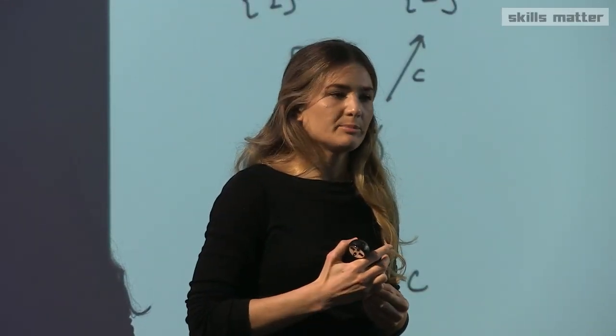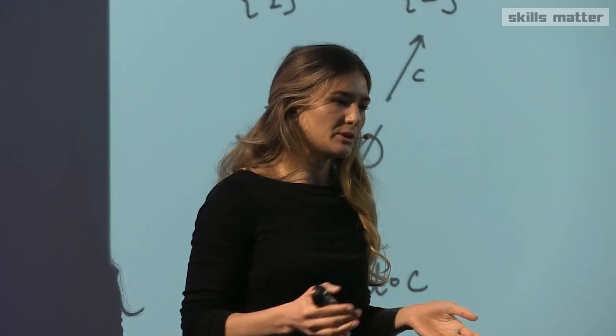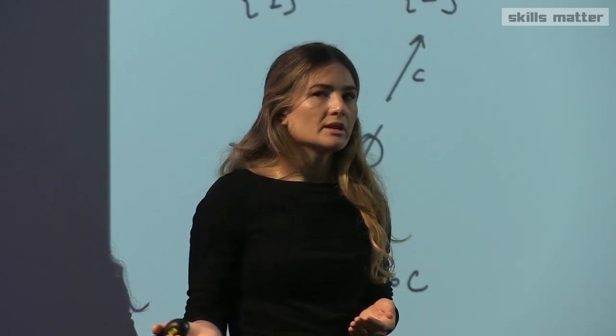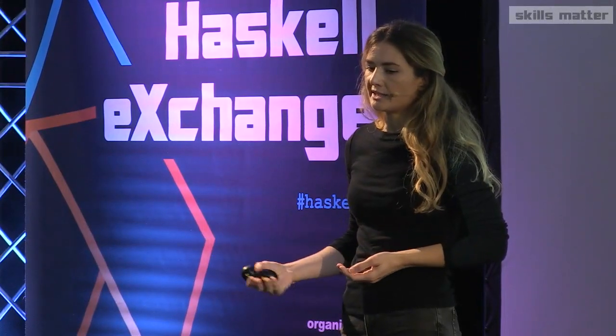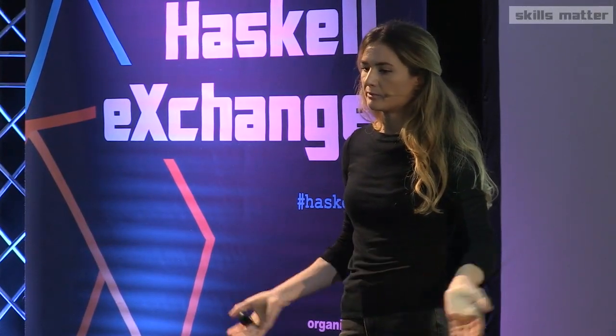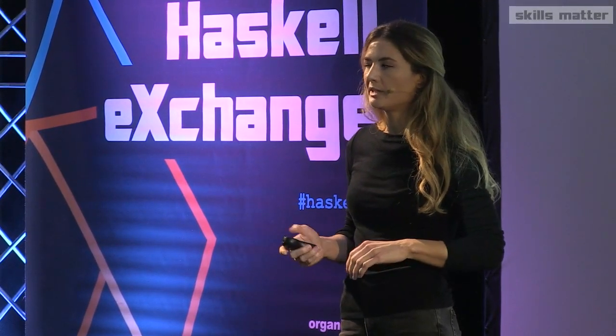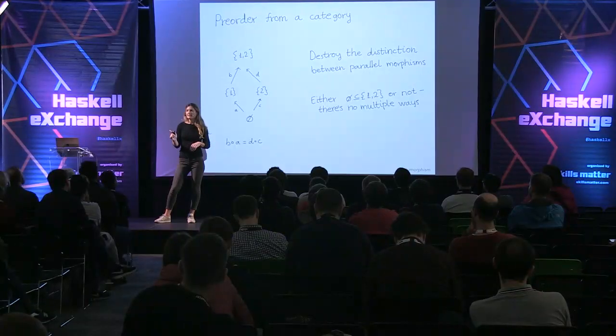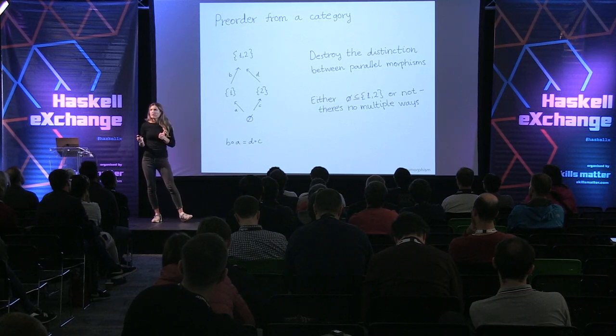Because a category could have 10 morphisms from A to B, but in terms of the preorder, either A is less than or equal to B, or it isn't. There is no concept of having multiple different ways for A to be less than or equal to B. So if we say B after A equals D after C, then we get a preorder from the category.